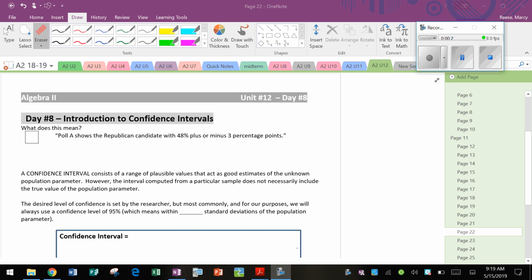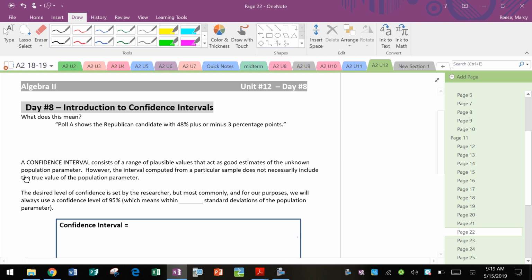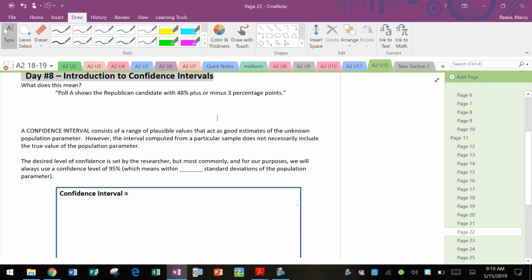All right, so what does it mean when we say Poll A shows the Republican candidates with 48% plus or minus 3 percentage points? We're going to get back to that statement in a minute. This is introducing something called a confidence interval. Confidence intervals consist of a range of plausible values that act as good estimates of the unknown population parameter.